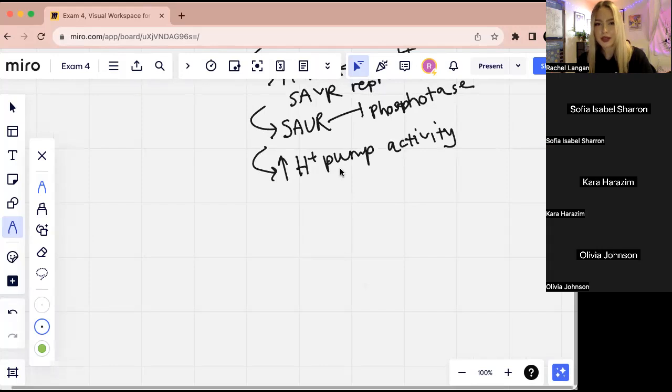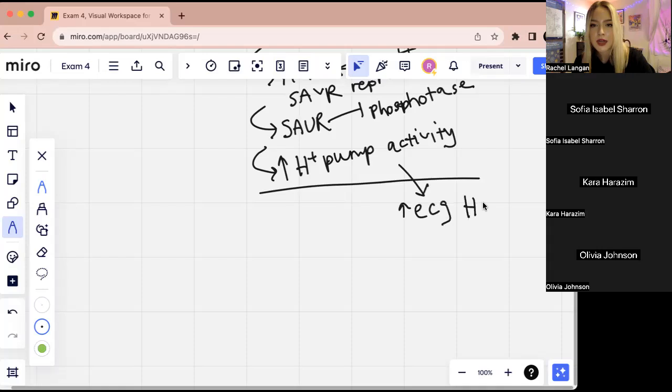And so then when you get the increased hydrogen pump activity, it's basically just the acid growth hypothesis from here for why we actually get shoot cells elongating. So one thing increasing the hydrogen pump activity does is it creates an increased electrochemical gradient of hydrogen across the cell. Because we're pumping a really high amount of hydrogen out, there's less hydrogen in. Now we have a gradient.